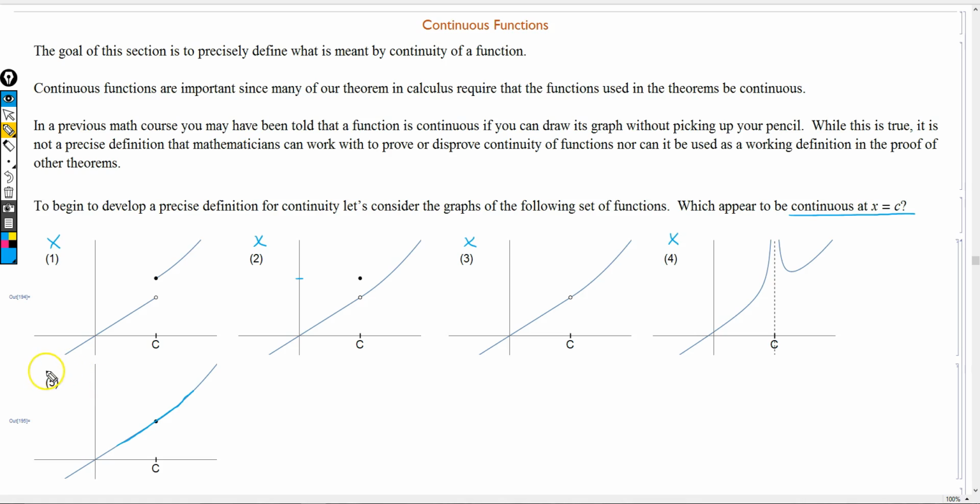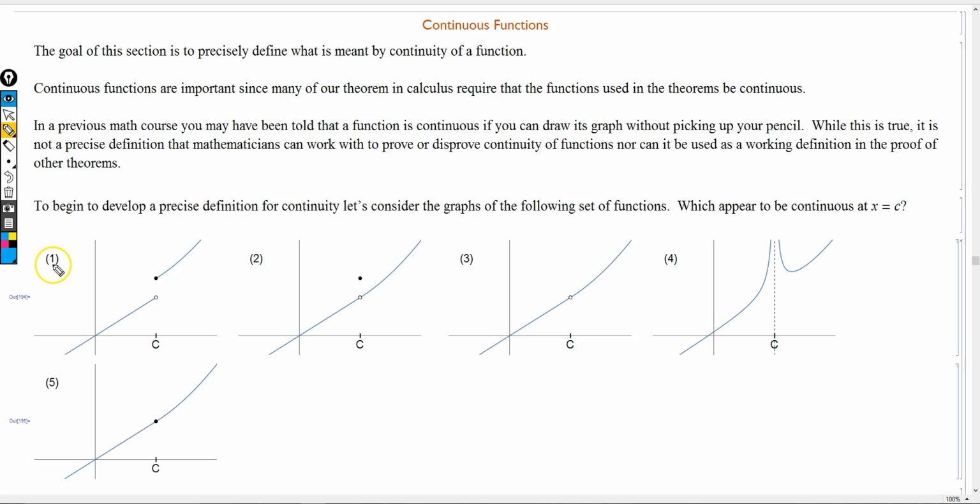So yes, this one does look like it should be continuous. Now let's take a look at a definition and see that this definition is satisfied by graph number 5, but not by the other 4 graphs. And that'll be our working definition for a continuous function.